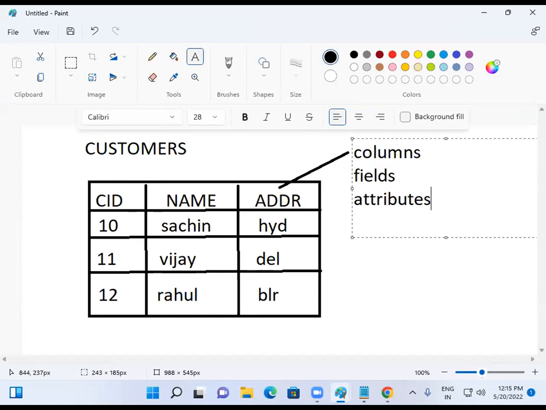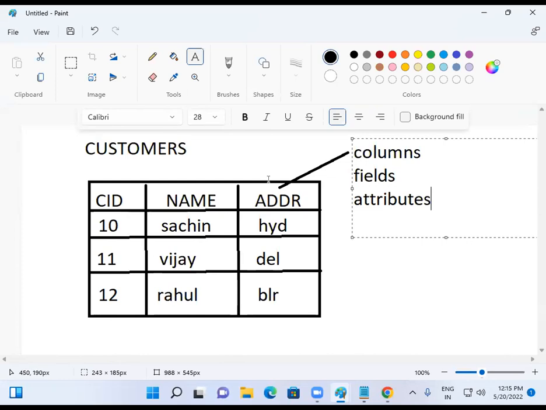You can call it a column, or a field, or an attribute. In this table, how many fields are there? 3 fields. One field is customer ID, one field is name, one field is address.